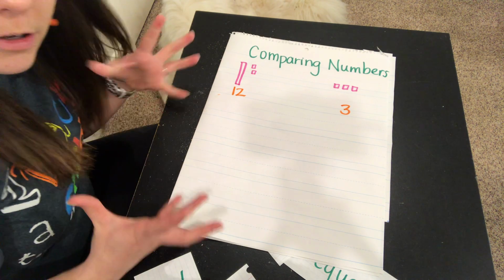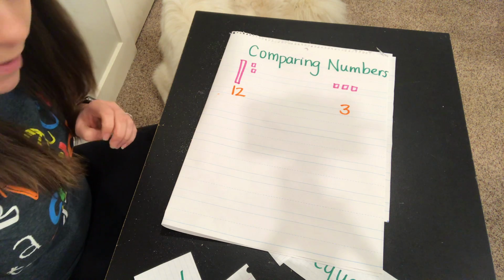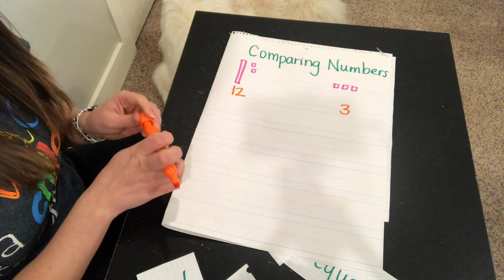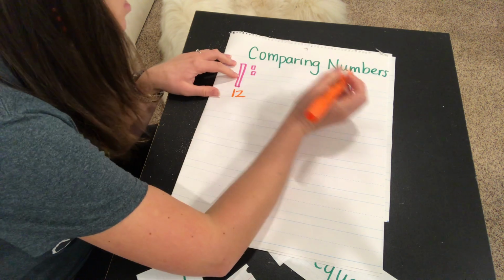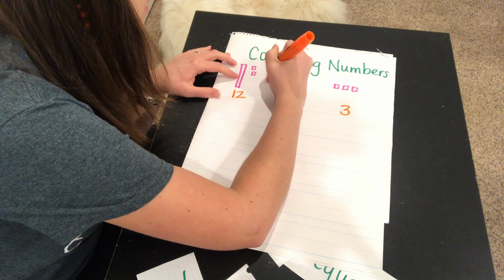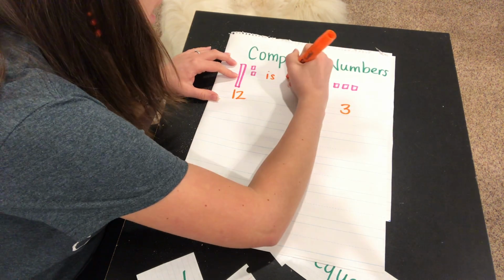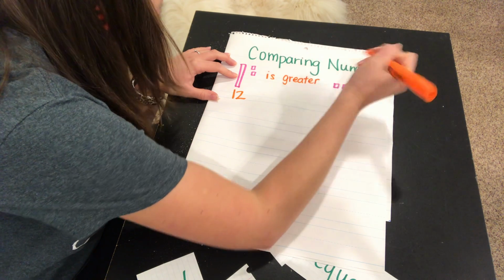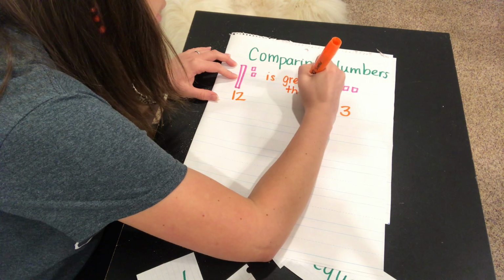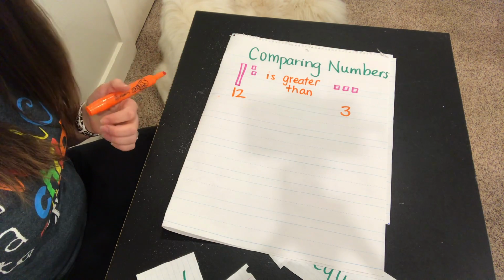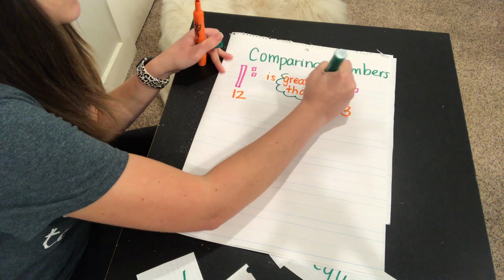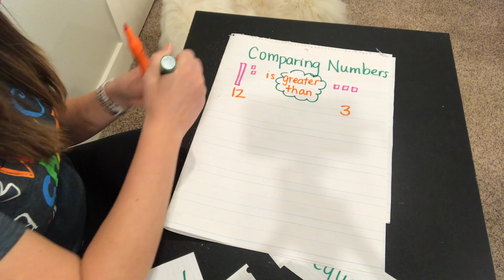So greater just means bigger. If I was going to use words to tell the comparing of these two numbers, I would say 12 is greater than 3. So I would use the words greater than to compare these because 12 is greater than 3.